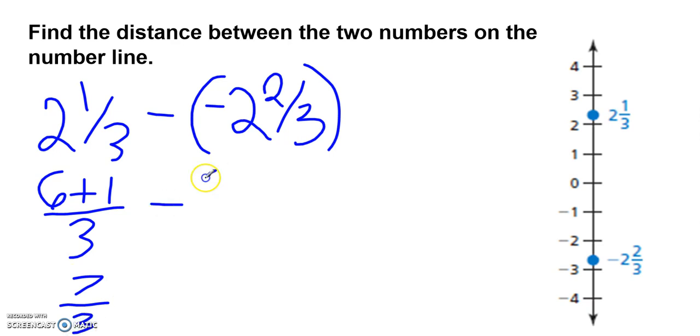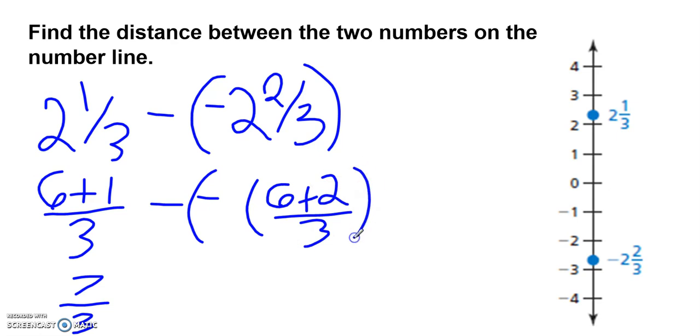minus, I'm just going to bring that down, minus 2 times 3 is 6 plus 2/3. That is minus negative 8/3.